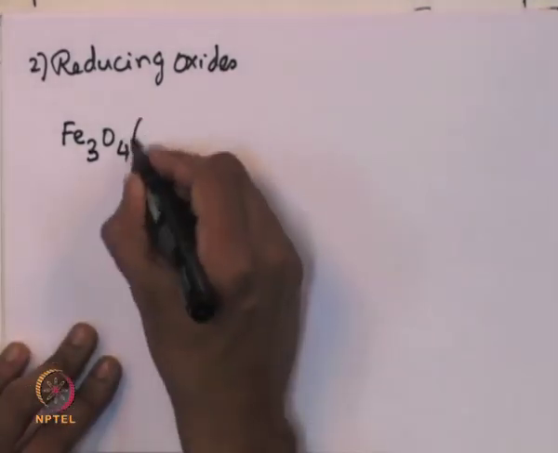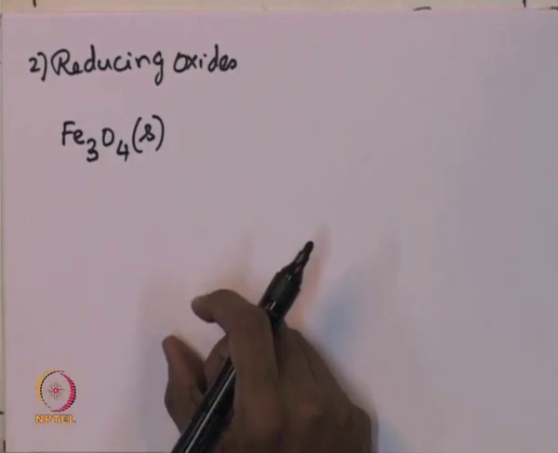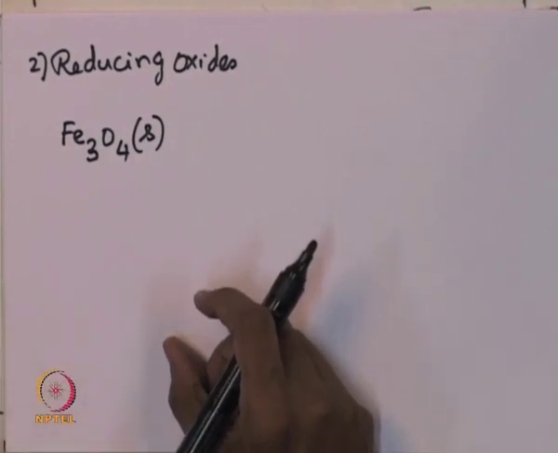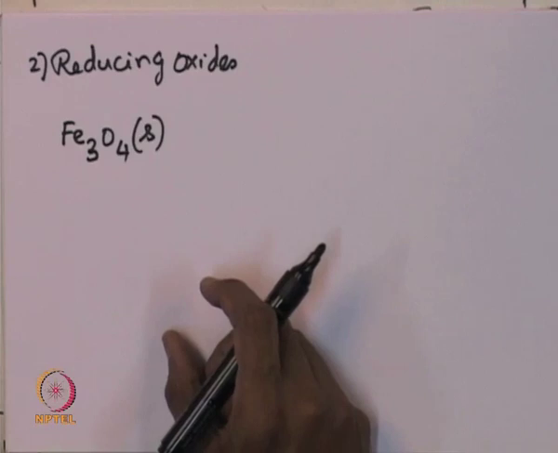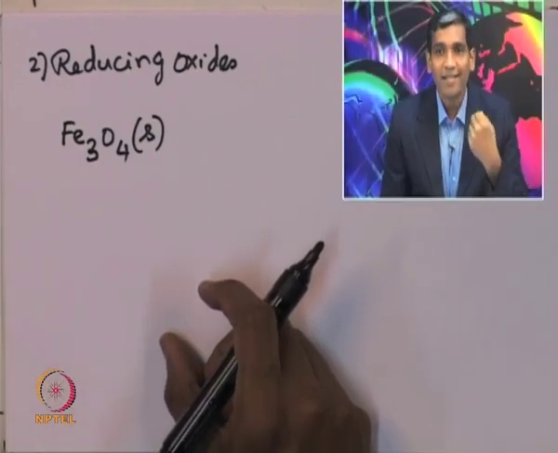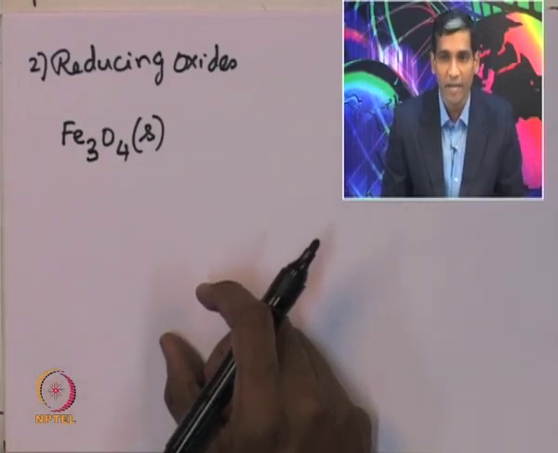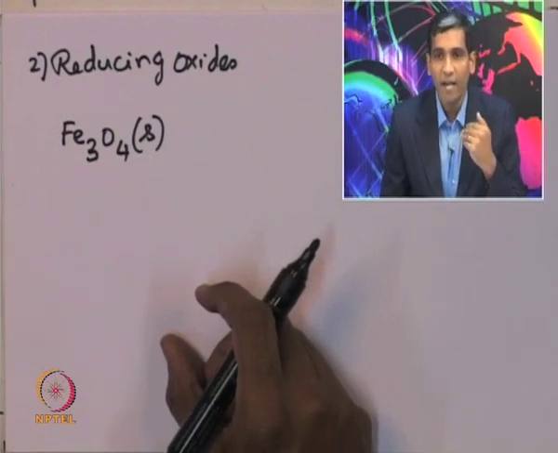Fe3O4, which is present in the solid form as a natural ore called magnetite, is crushed and sized, and then fed into a continuous countercurrent fluidized bed reactor in the presence of hydrogen.